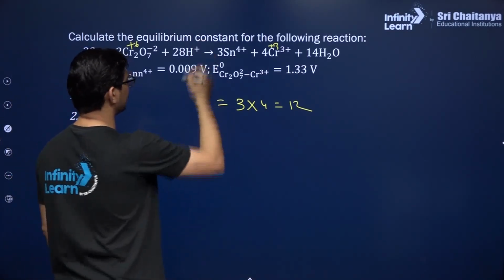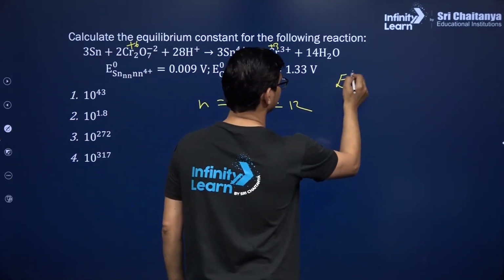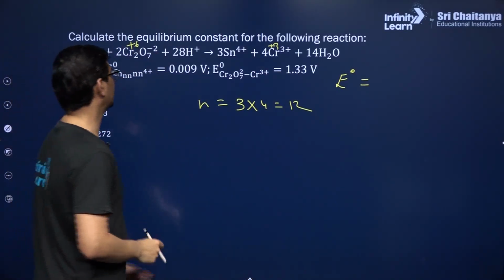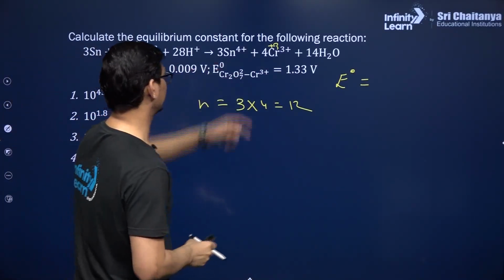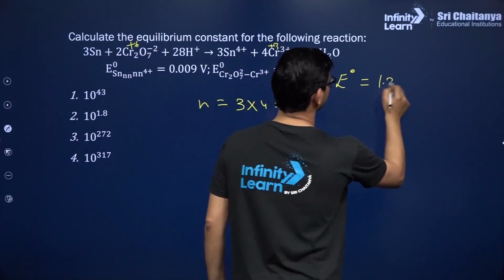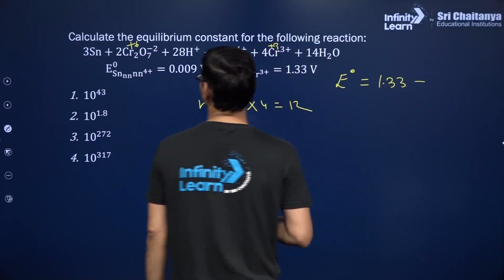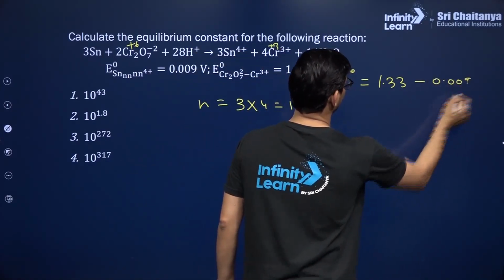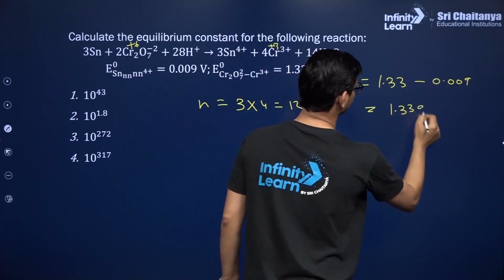Now in this reaction, EMF, which is E naught, is E naught cathode minus E naught anode. The cathode is dichromate, so this is 1.33 volt, minus the anode, tin, which is 0.009. So this is 1.339 volt.